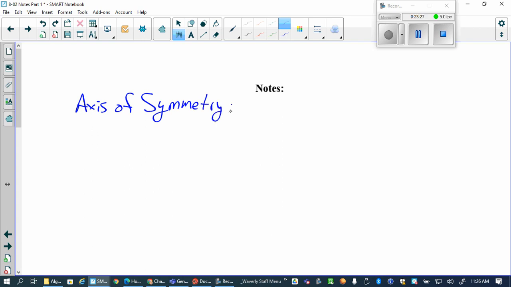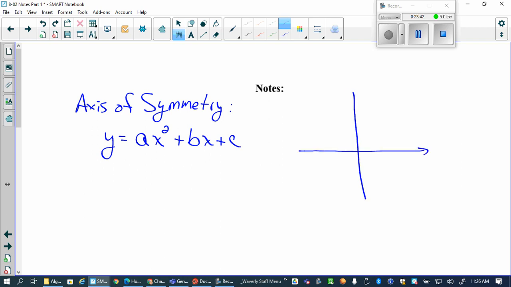So let's say I have y equals ax squared plus bx plus c, right? And let's say that's a graph. I'm just going to draw a random parabola here, right? Let's say it just kind of looks like that. There's my vertex.